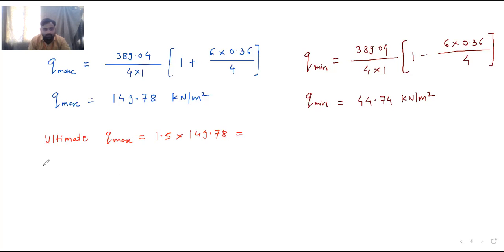Calculate this value. Ultimate Q max. What is the answer? 224.67. So this is 224.67 kilonewton per meter square.